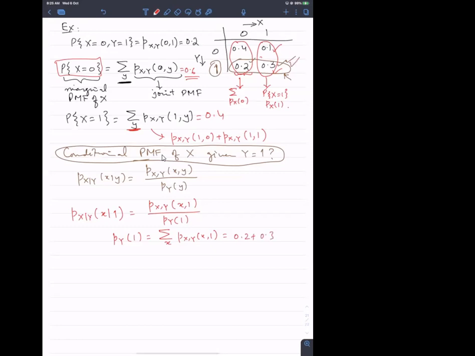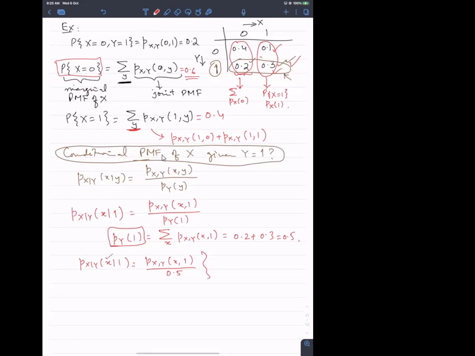The brown guy here, which is 0.5, of course. So the probability that y takes a value 1 is 0.5. So now Px given y, x given 1 is equal to Pxy, x given 1 divided by 0.5. This is our conditional PMF of x.